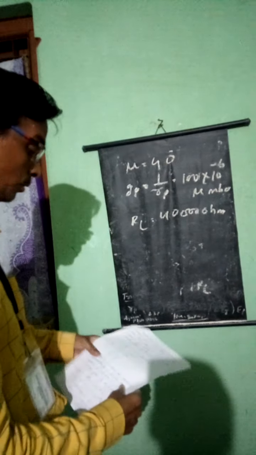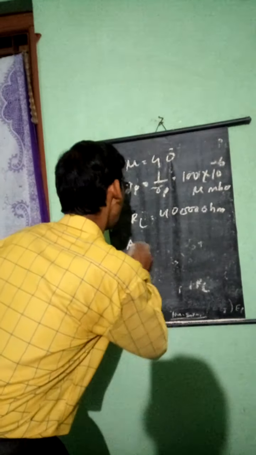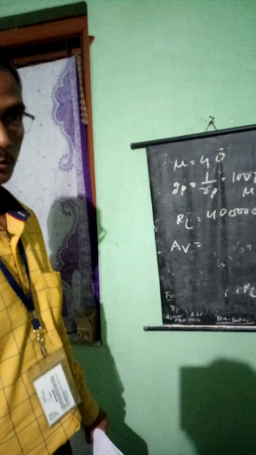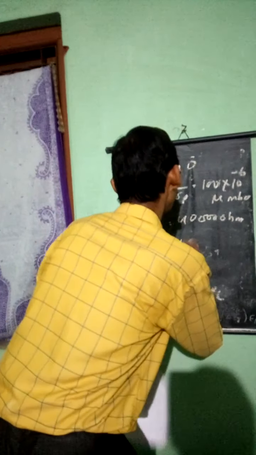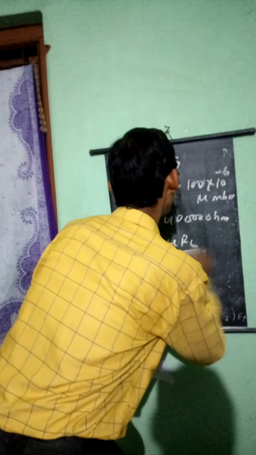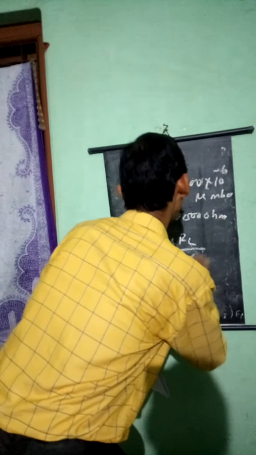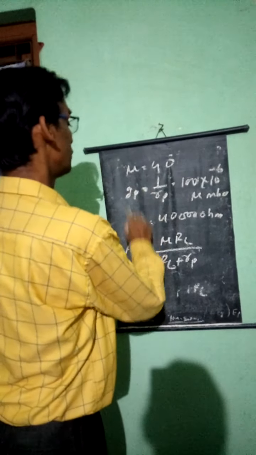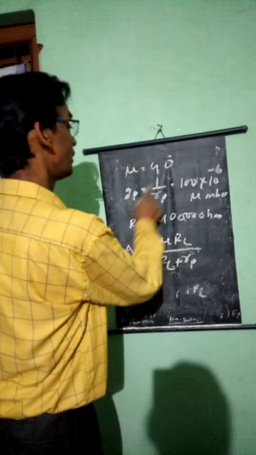You can find the voltage gain. What is the formula for voltage gain? A is equal to the output voltage taken from the load resistor to the plate, with grid potential applied. That is mu RL divided by RL plus Rp. Put it here: mu you can put 40, RL is given, and Gp is already given as 1 by Rp.